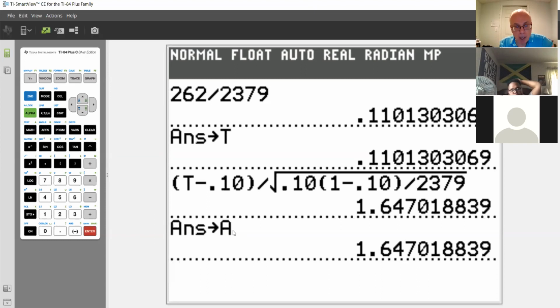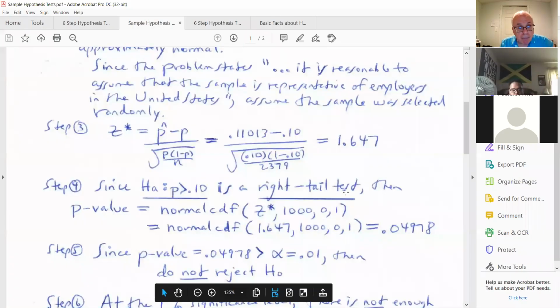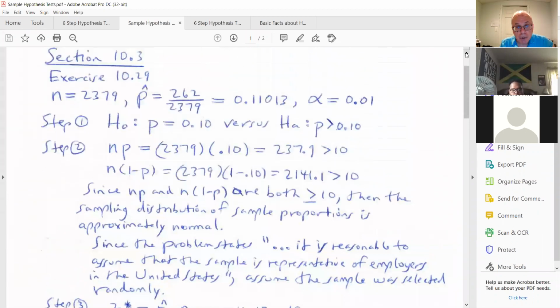Now, let's go back to the problem. All right. Now, I'm going to calculate the p-value. Now remember, this is what kind of test?